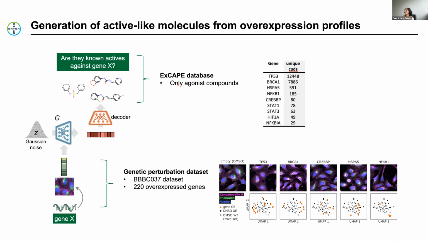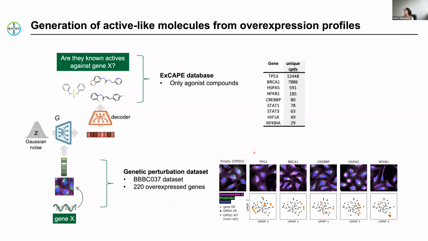But in this database, we only searched for agonist compounds, following the idea that overexpression perturbations should follow agonism and not antagonism. This was kind of unfortunate because, since we were restricted to agonists, we could only fetch reference compounds or known actives for a set of 10 genes out of the 220 genes.